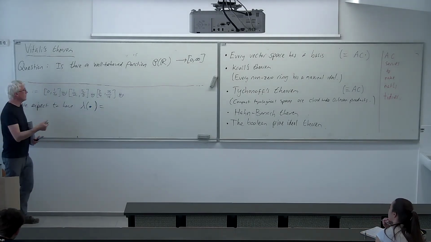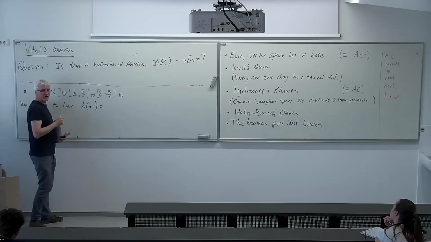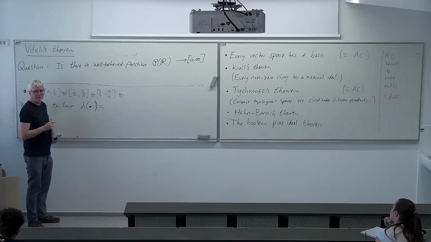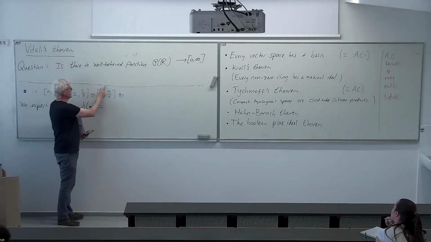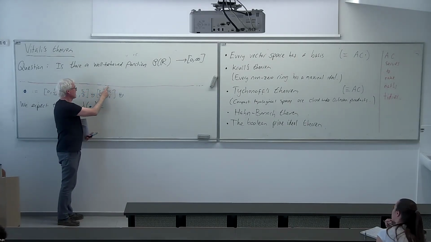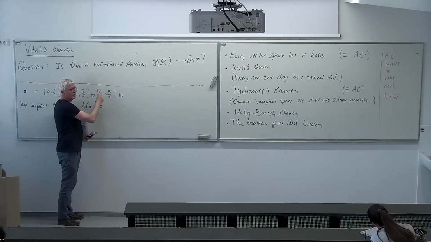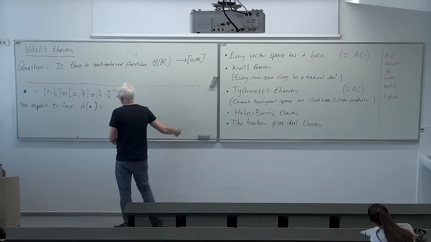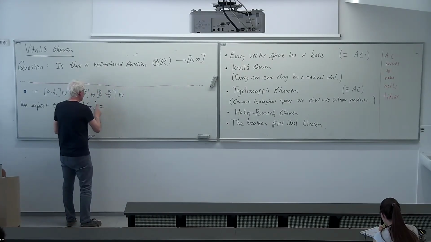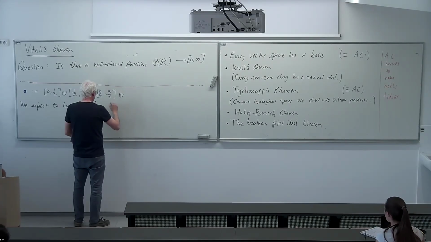So we want to add up all the bits of length. Because this has length a quarter, this has length an eighth, this has length 1/16, this has length 1/32. So it's 1/4, 1/2. Each time the next summand is half the previous one, and it's very easy to see that adds up to a half.